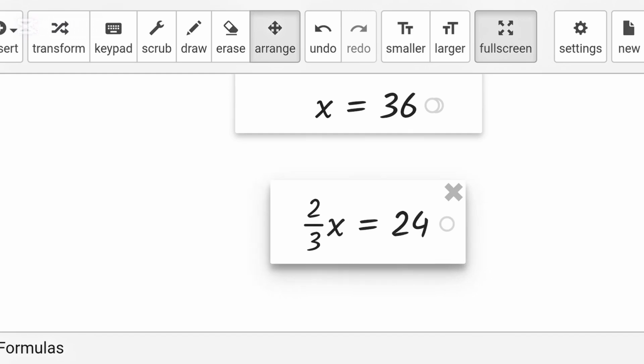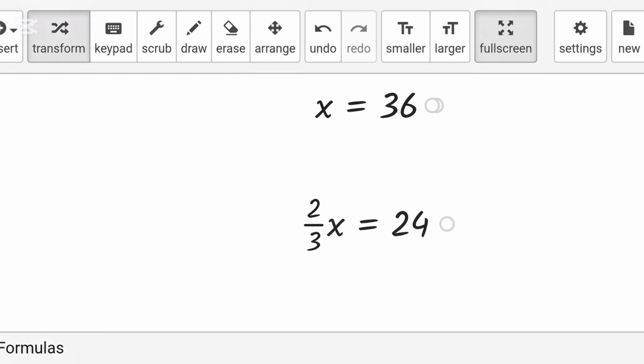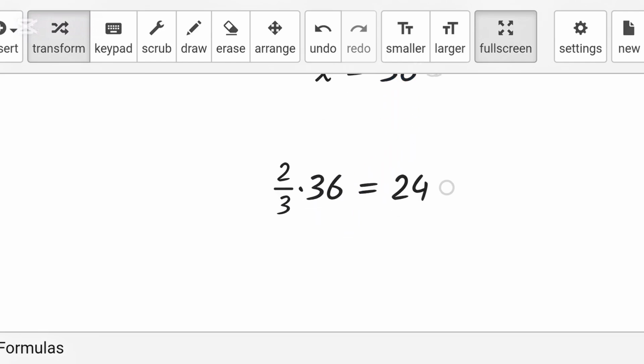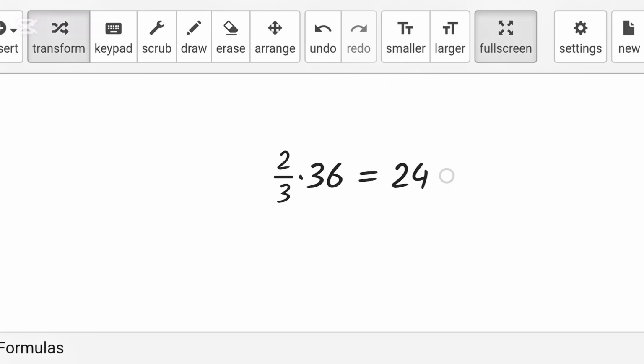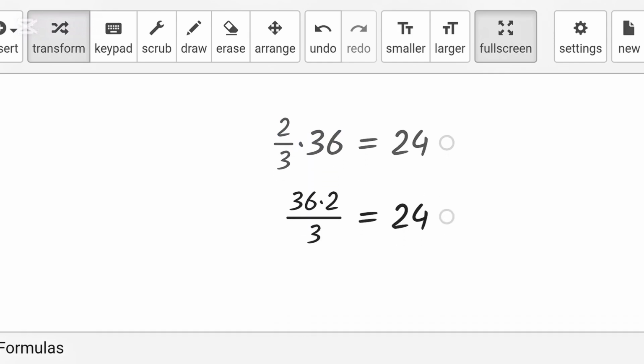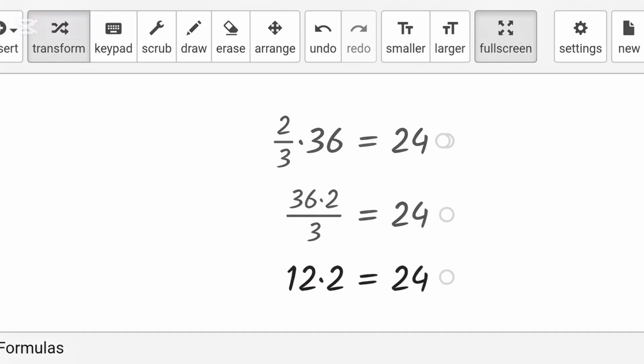The left hand side must always be equal to the right hand side. We know that x is 36, so we're going to replace this x now with 36. Like I said, if a number is hanging by the side and is not the denominator, then it's definitely the numerator, so we'll put it at the top there. 36 divided by 3 should give us 12.